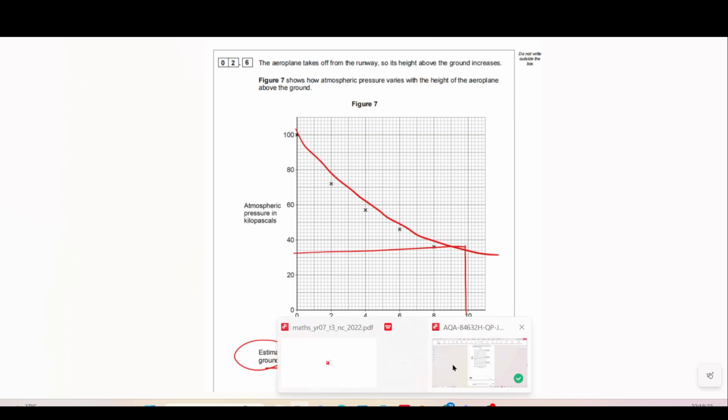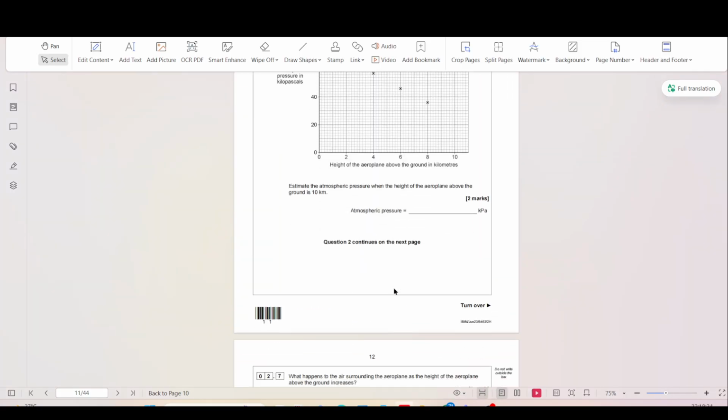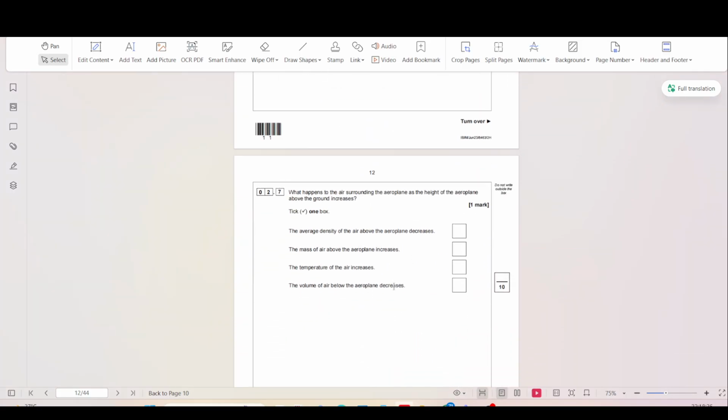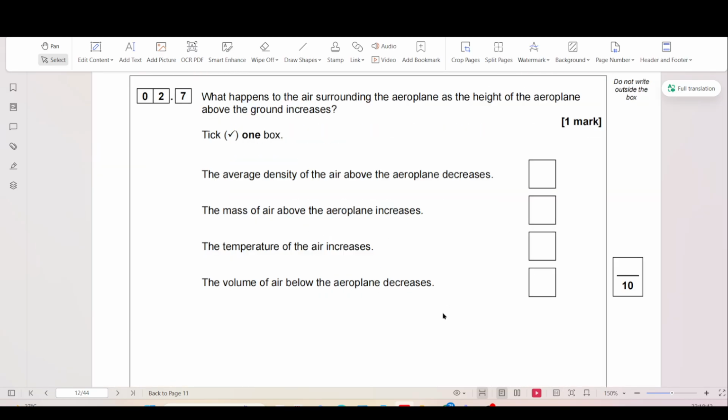The air surrounding the airplane changes as the height of the airplane above the ground increases. Mass of air above the airplane increases, average density of the air.